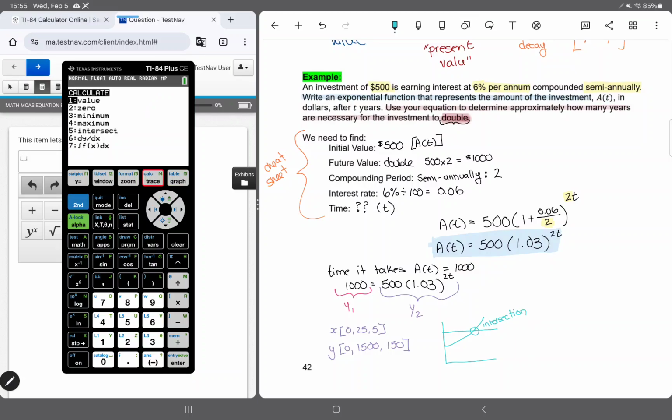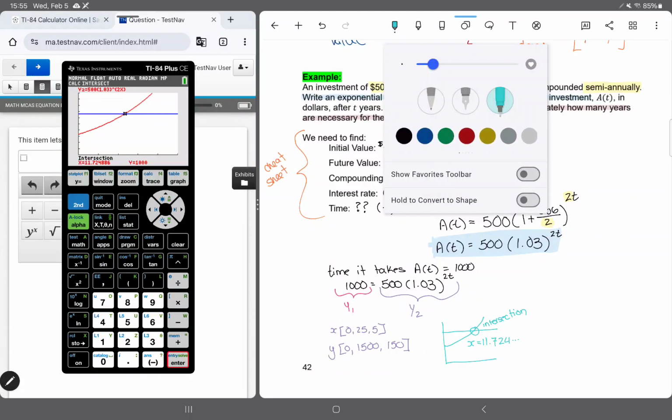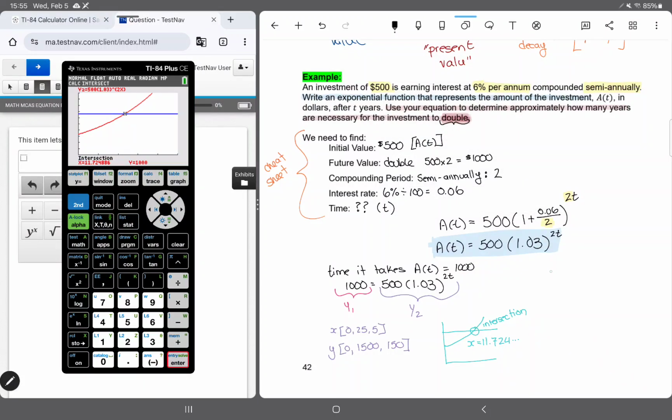Okay, so we're going to go second calc, 5, enter. So we get that x equals 11.724... years. Remember, we want to end with our sentence. So we would say it will take about 12 years, because obviously 11 years isn't enough.